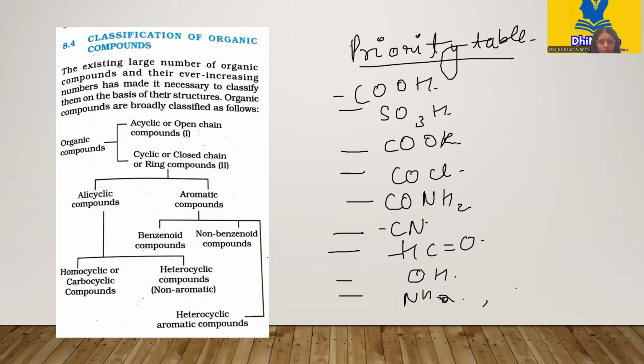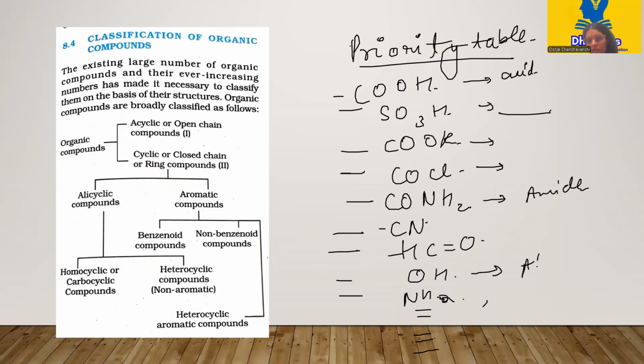Then we have double bonds, and then we have triple bonds. Okay. So this we can say is an acid. This is a sulfonic group. This is an ester, acyl chloride. This is amide. This is nitrile. This is alcohol. Right? And we can also have a double bond here. Then we have a triple bond.